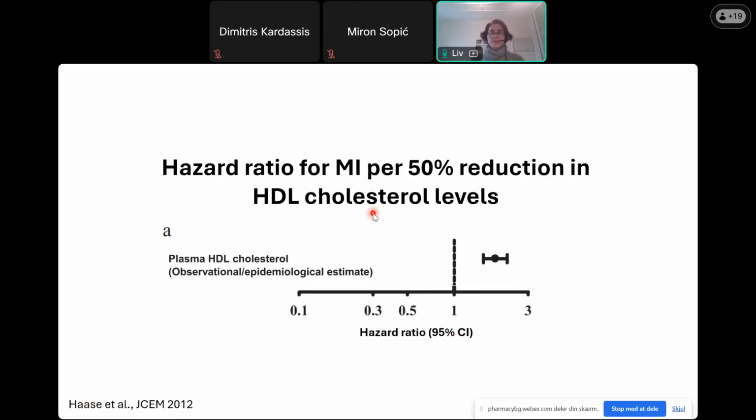What the authors found was that for a 50% reduction in HDL cholesterol levels, there was a hazard ratio for myocardial infarction of around 1.5 or 2. So lower HDL cholesterol, higher risk of myocardial infarction.